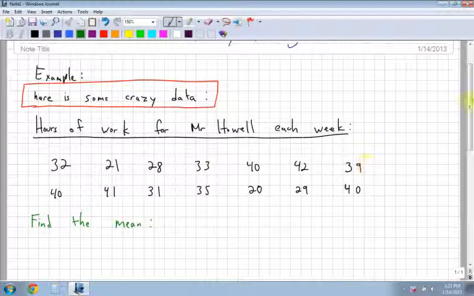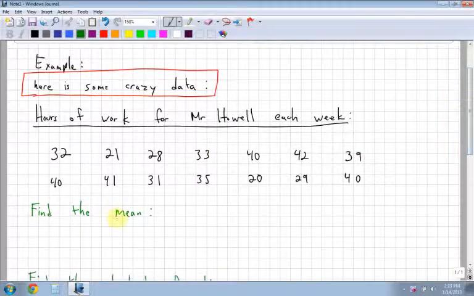Okay, so the first thing I want to do is find the mean of this data. The mean is shown by x bar, or sometimes by the Greek letter mu.